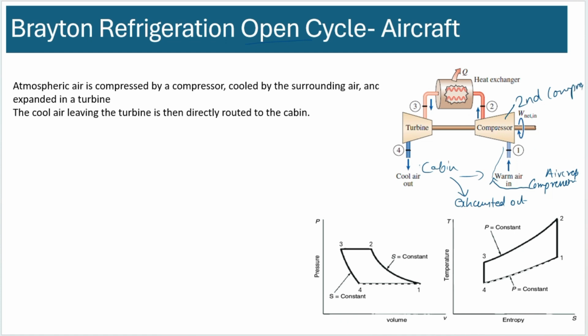This is another secondary compressor attached to a turbine. So you don't have a fully closed cycle. It's partially open, okay? Which is why I've shown it to be partially open. But essentially, it's the same Brayton refrigeration cycle that's used in aircraft. And in the next lecture, I will show you some of the components used in an actual aircraft.